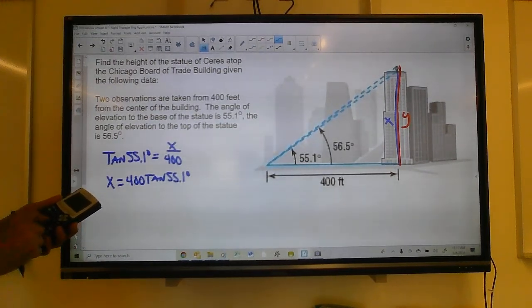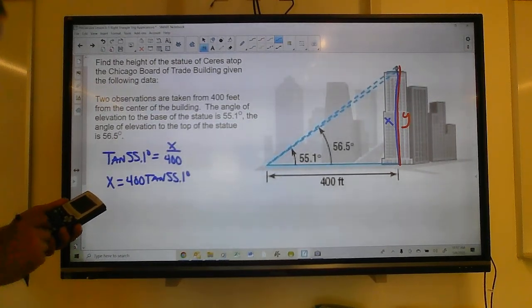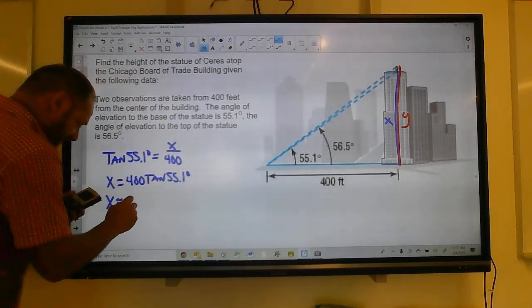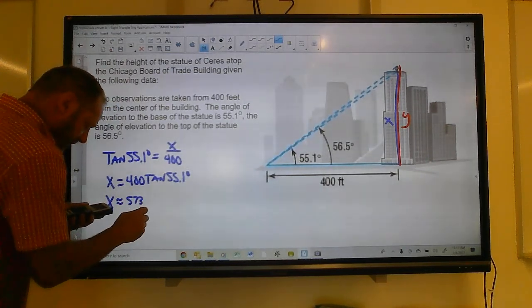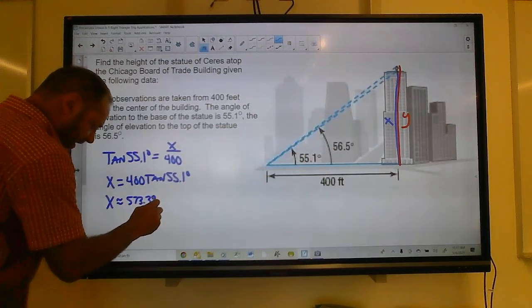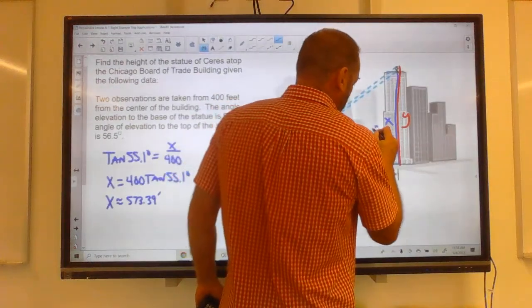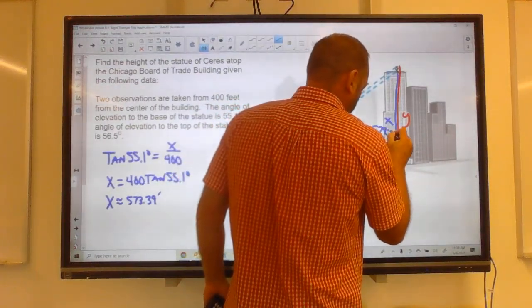So 400 tangent 55.1 is going to be 573.39 feet. That's the side of the blue triangle.